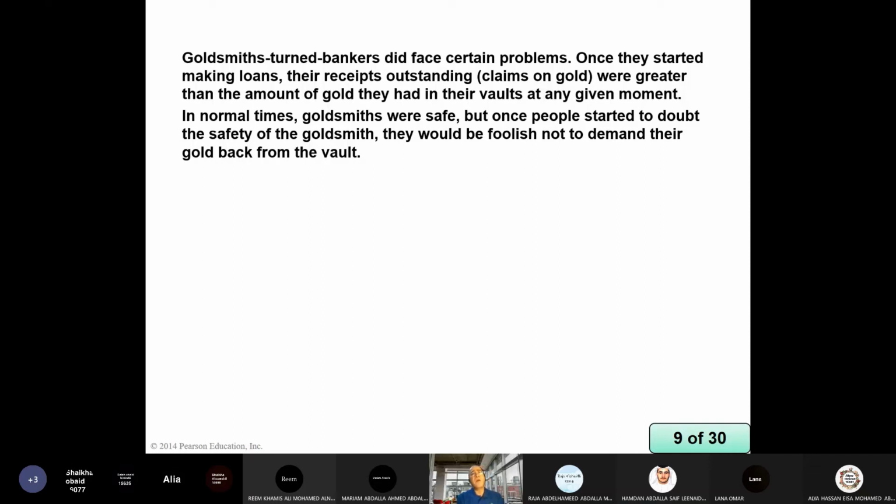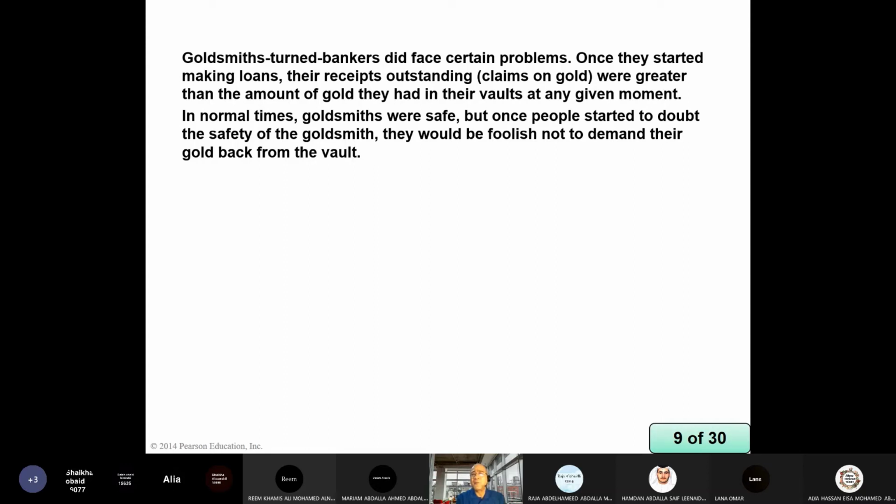Okay, so now the goldsmith works as a banker, and in normal days he's safe because normally people who deposit gold at his place don't come back to withdraw gold. But once people started to doubt, they will run to him to demand their real gold.